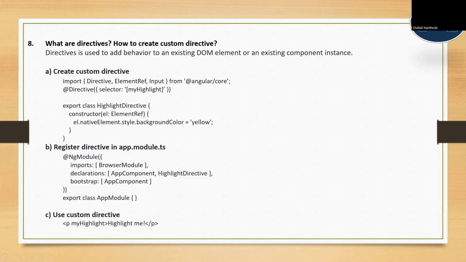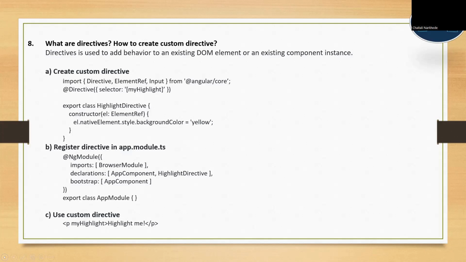To create a custom directive, first you need to create the file customdirectives.ts in which you have to define @Directive, in which selector is a mandatory property you have to provide, and then you write export class and your directive name like HighlightDirective, and in the constructor you will get ElementRef, so you can change the background color or style of your element.